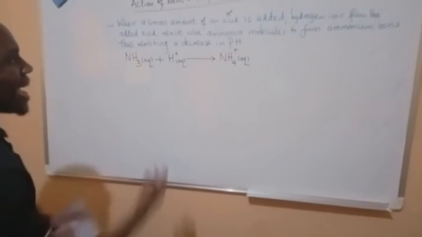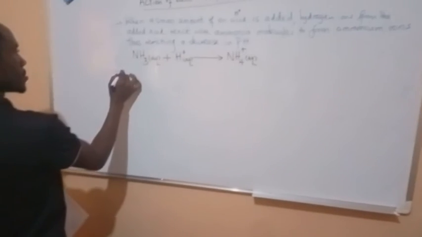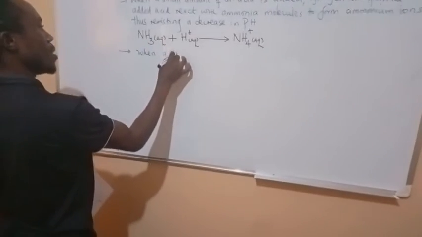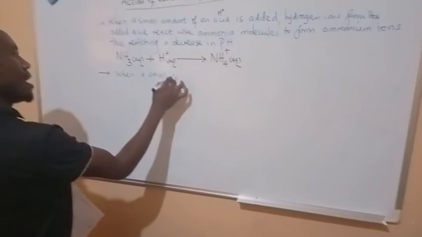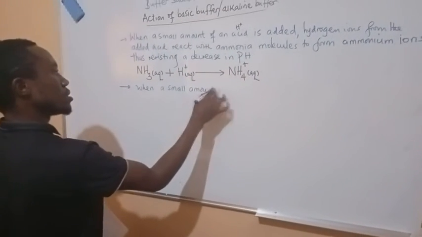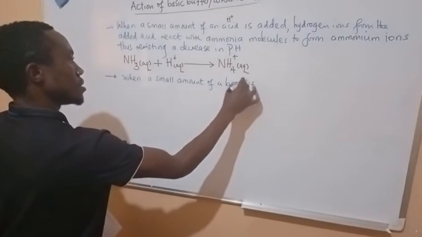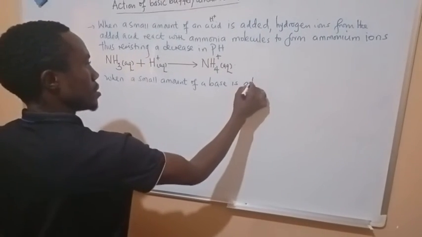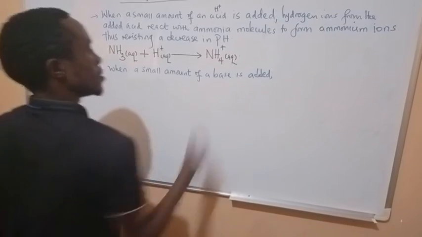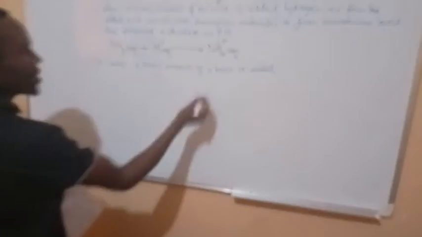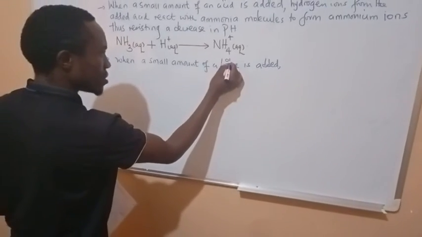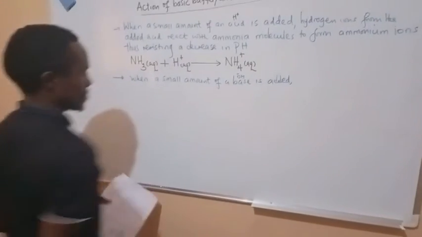What about when you add a base? When a small amount of a base is added, a base has hydroxide ions in it.